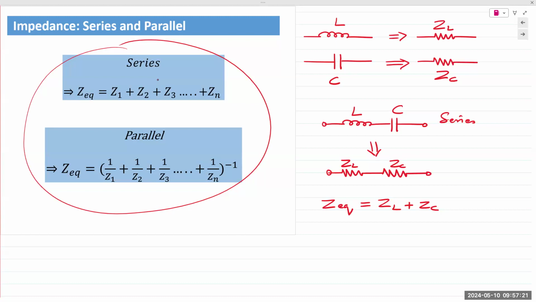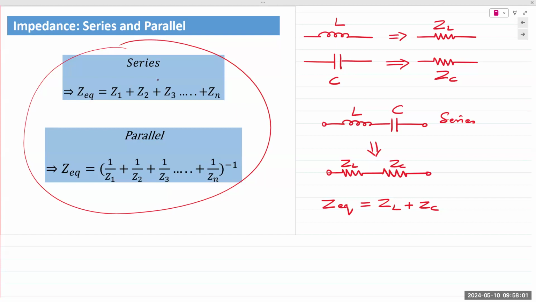For an inductor, think about it. The inductor impedance opposes change in the incoming current. So the lower the rate of change, the lower the opposition, the lower the impedance value. The faster it changes or the more it changes, the more the opposition increases, which mathematically we saw: ZL, the impedance, is directly proportional to the frequency, j omega L, j 2 pi F L. As the frequency increases, inductor impedance increases.